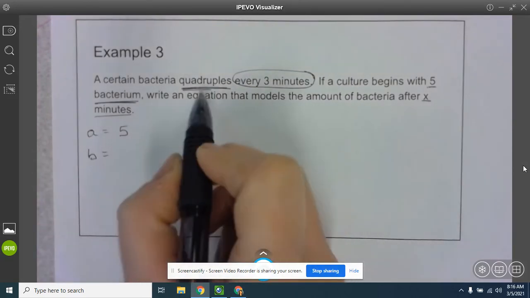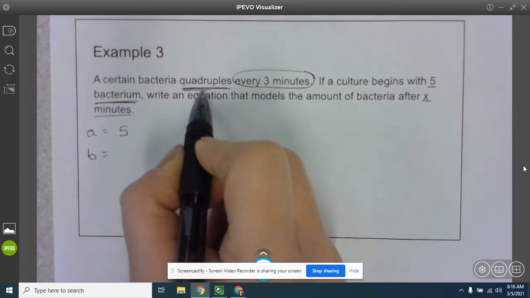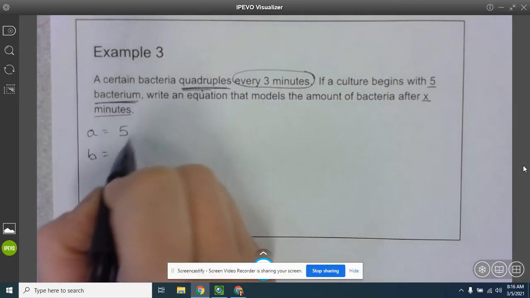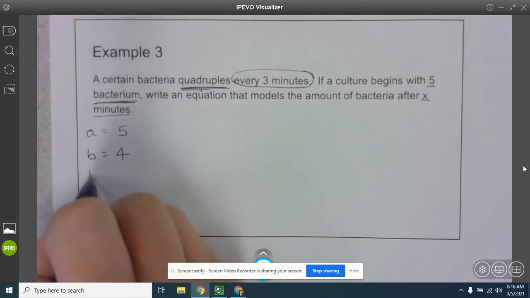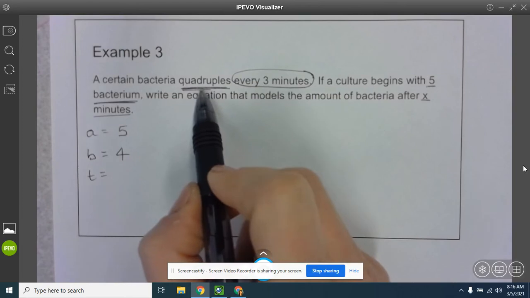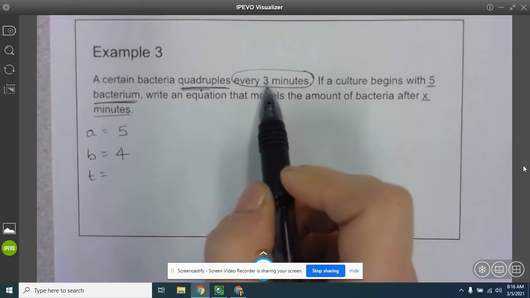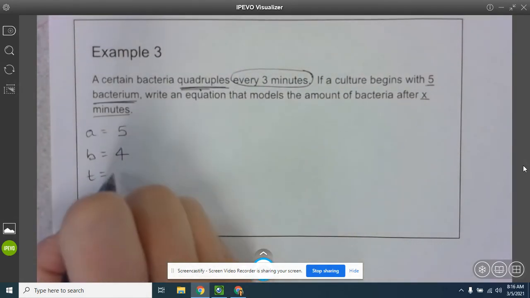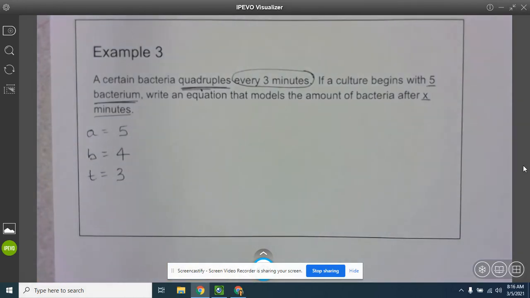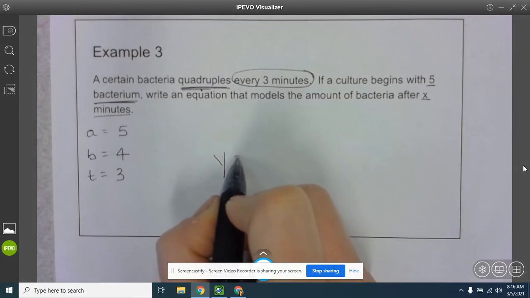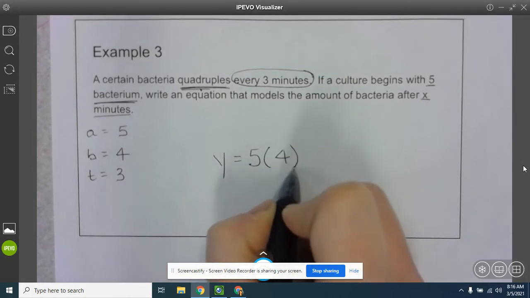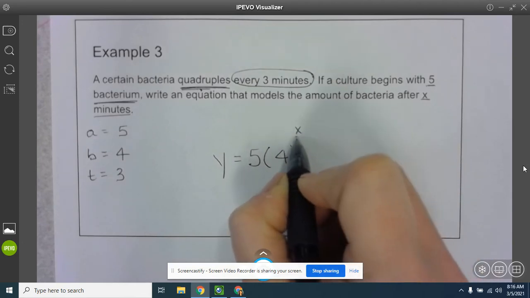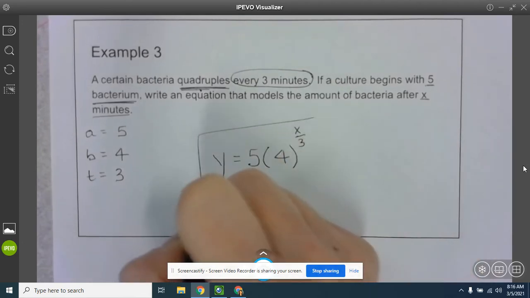My growth is quadruple. The number that represents quadruple is 4. And then my t-value now, it's quadrupling every 3 minutes. So we're no longer dealing with a t-value of 1. I have a t-value of 3. So my equation is going to be 5 times 4 to the exponent of x divided by 3.